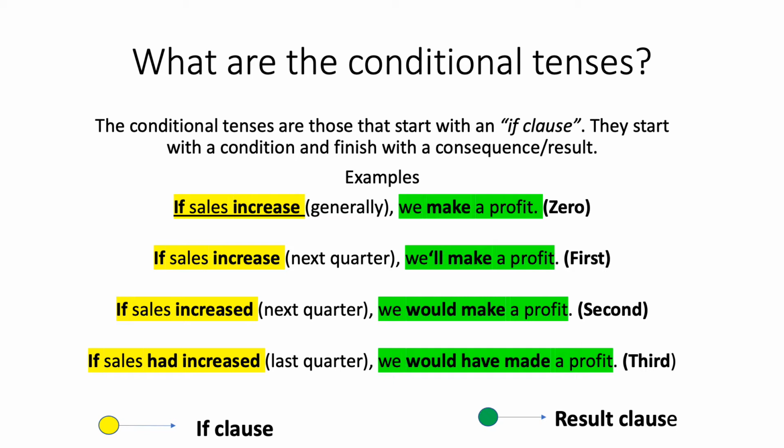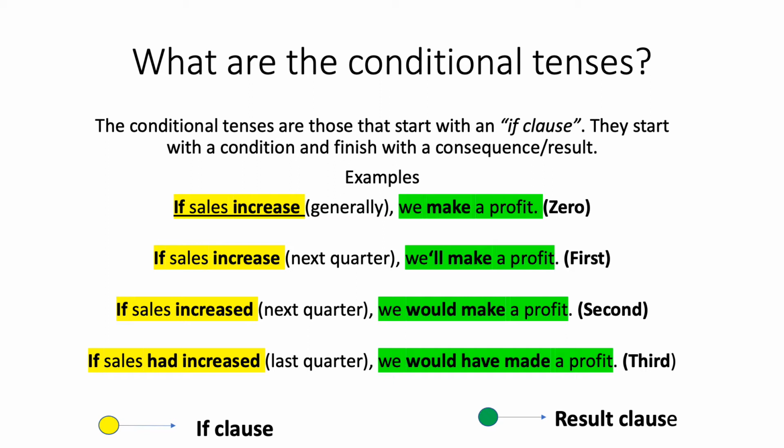This is what we mean by profit here, a benefit for this company, or for this government, ولهذه الدولة. Alright? If sales increased, we would make a profit. Also here we are talking about next quarter, يعني الثلاثي القادم.